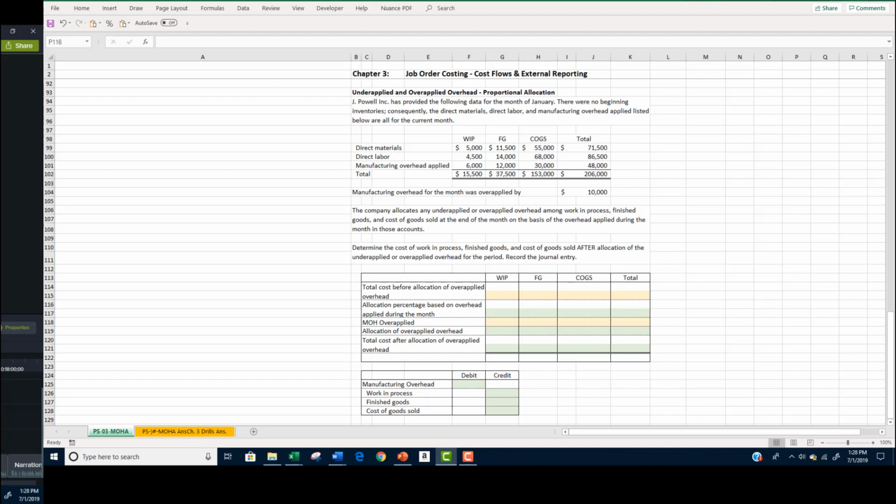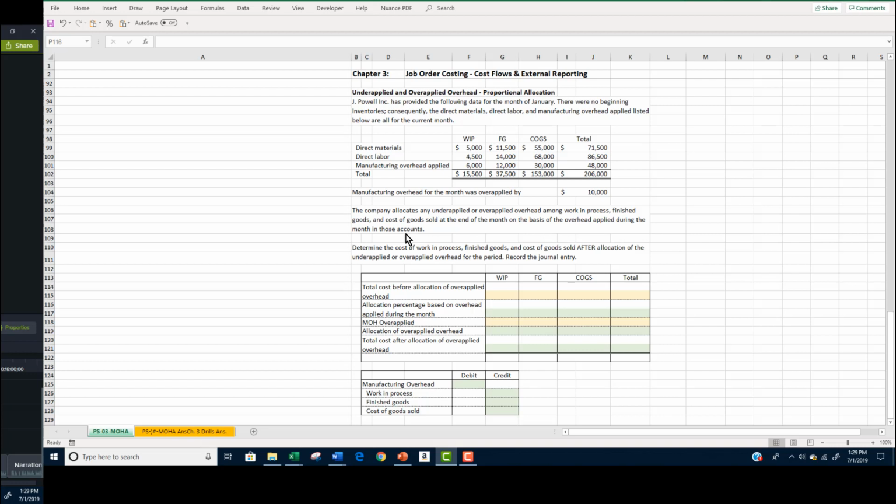For this problem, the manufacturing overhead over applied is given at $10,000. Since it is given, there is no need to calculate the predetermined overhead rate or to apply it. The problem states that the allocation of any underapplied or overapplied manufacturing overhead is based on the manufacturing overhead applied in each account during the period.